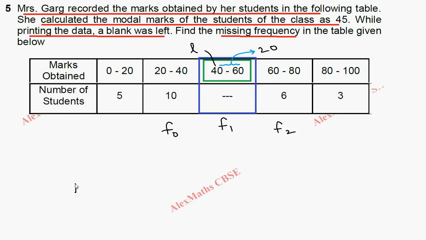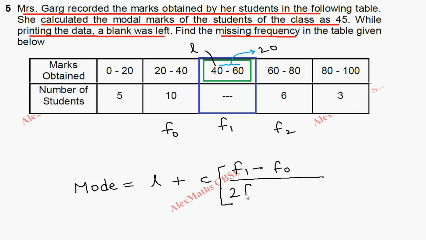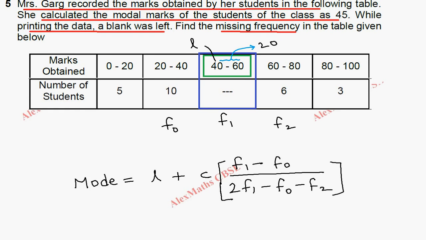Now by formula, mode equal to L plus, this width is named as small c, into F1 minus F0 whole divided by 2F1 minus F0 minus F2. Now we are going to substitute the values, and in the question itself they have given the mode is 45.